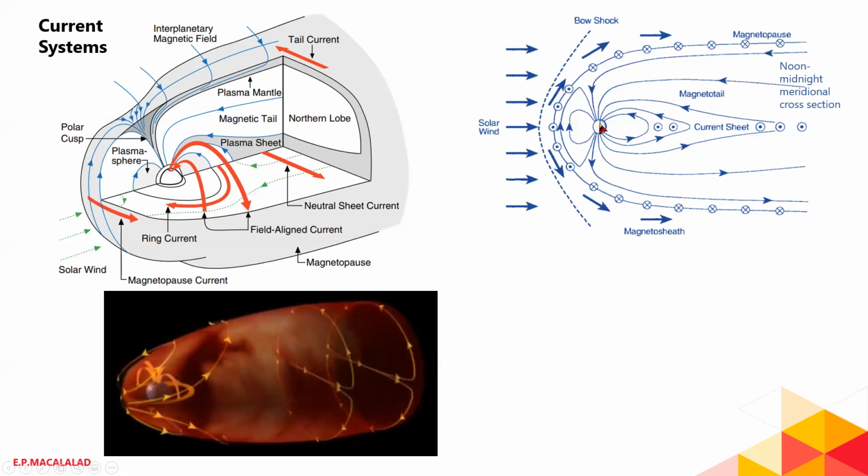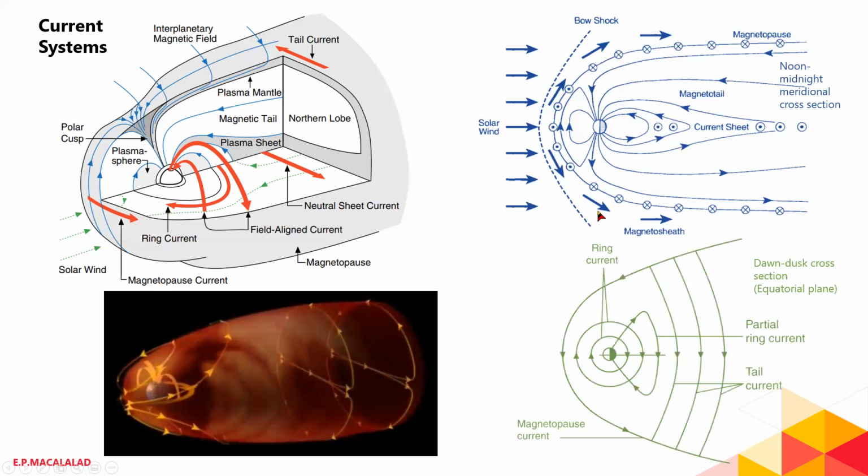Now, if we cut this figure of the Earth along its equatorial plane, we have what we call the dawn-dusk cross section.